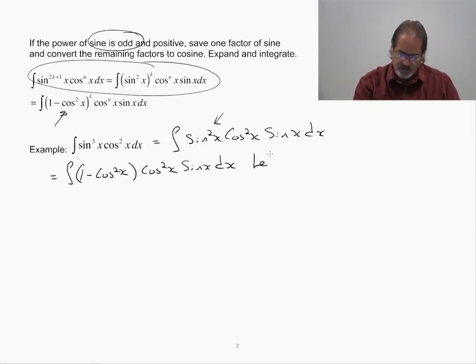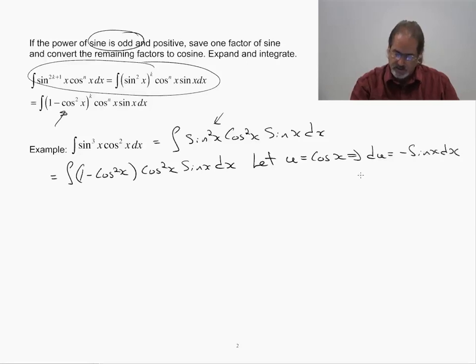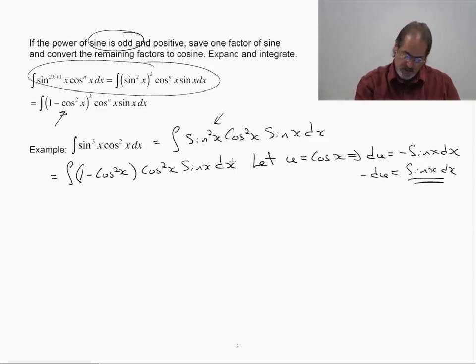Now let's do a straight u substitution. If I let u equal cosine of x, then du equals negative sine x dx. So of course I'm going to write negative du equals sine x dx, which is exactly what I have sitting right there. So I can write this as 1 minus u squared times u squared du.